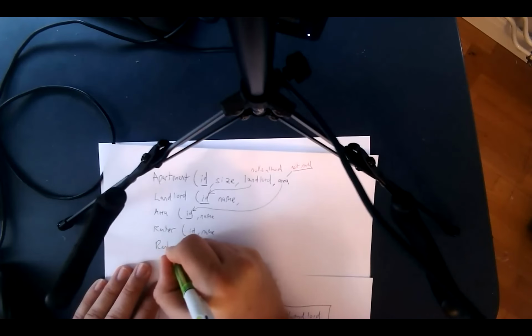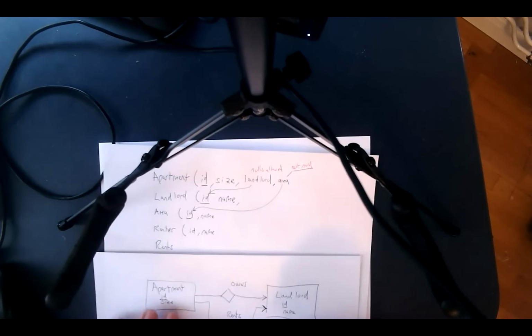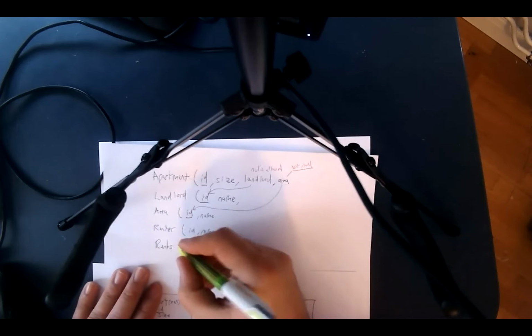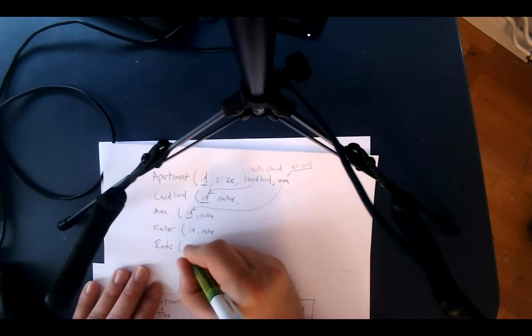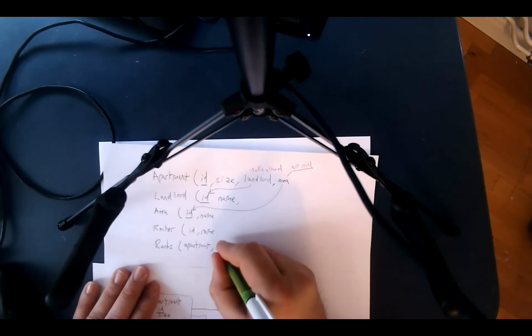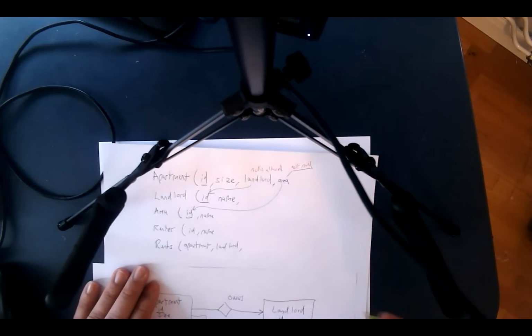So the way you do that is you say, okay, we're going to have a table called rents. For every entity that participates in this relationship, we need to have a foreign key from rents to that. So that means we're going to have apartment, and we're going to have landlord, and we're going to have renter.